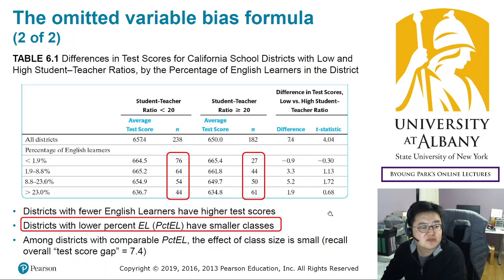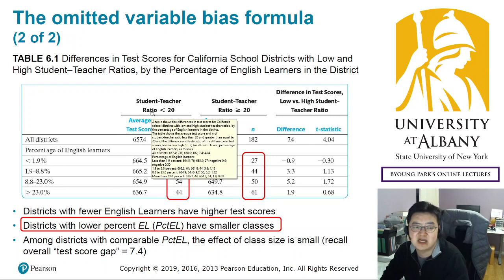And also, we are going to compare the ratio between these two. So think about the first row, where these are the school districts who have very few ESL students, very few immigrant students, and more than 70%, nearly 7 to 3, of these districts with few immigrants had small classes.